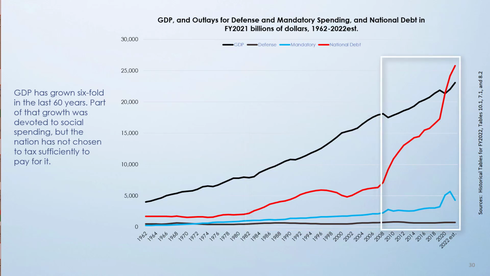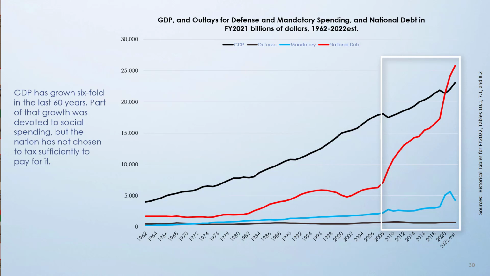But then you notice the period from about 2008 to today, the red line is growing faster than the black line, and we are taking on debt faster than we are growing as a country, and you cannot do that forever.